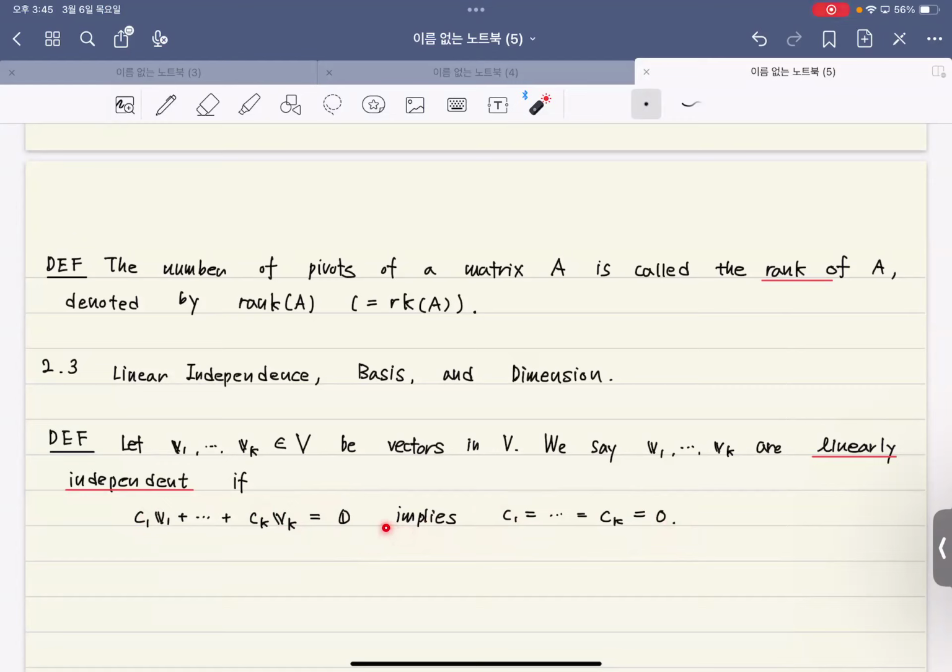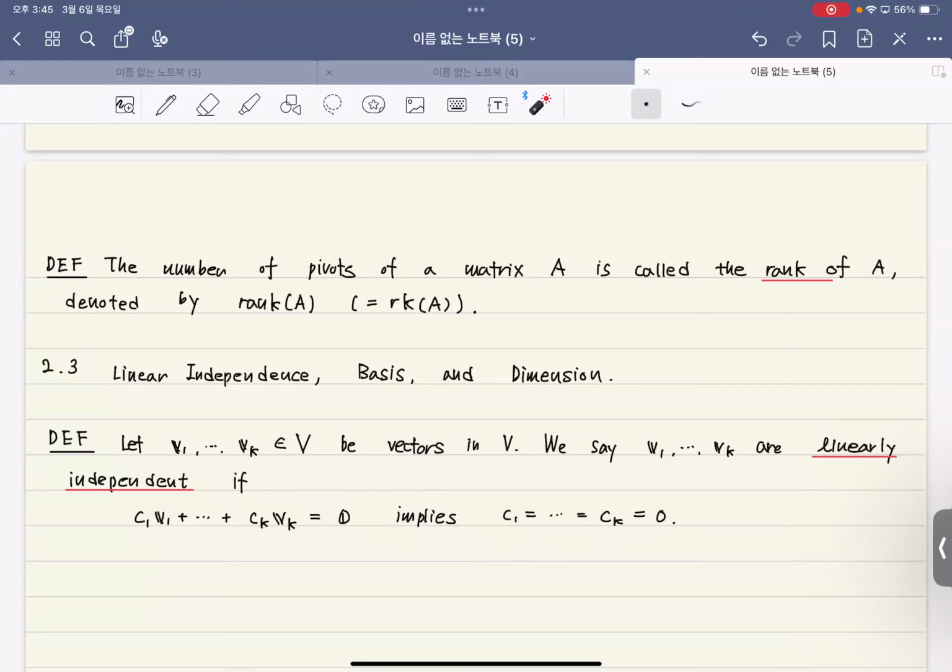However, if these vectors are linearly independent, then the only possible solution of this vector equation is the trivial solution. If the trivial solution is the only solution, then we say these vectors are linearly independent.